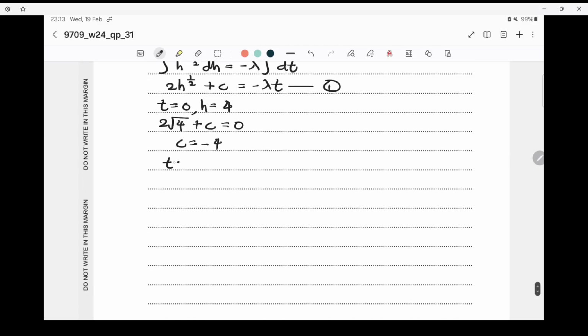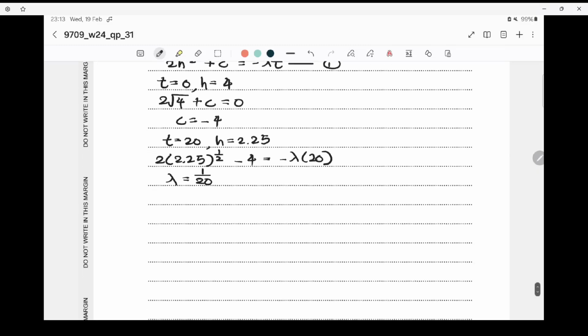When t equals 20, h is 2.25. The square root of 2.25, times 2, minus 4 equals minus lambda times 20. Simplify everything, and you find that lambda is 1 over 20.